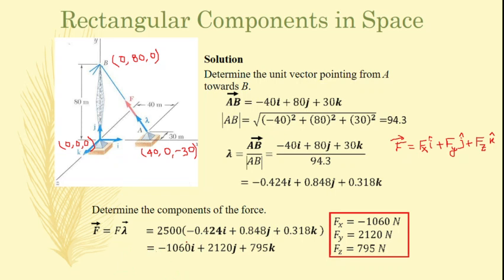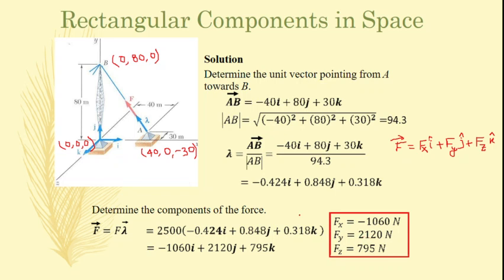The coefficient of i is Fx, the force component along the x direction, this one 2120 is Fy, and 795 is Fz. All units are Newton because the magnitude of the force is in Newton.